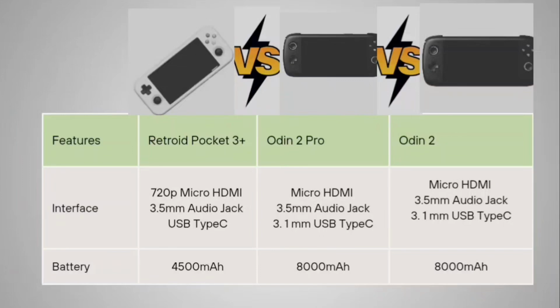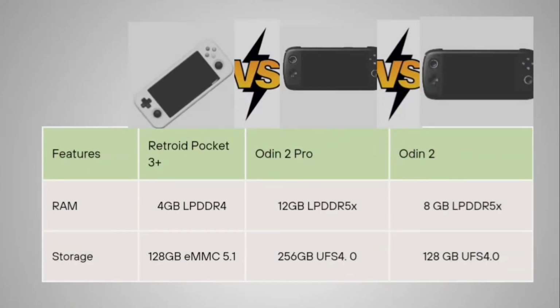Coming to the battery, the Retroid Pocket 3 has 4500 mAh, the Odin 2 Pro has 8000 mAh and the Odin 2 also has 8000 mAh. Talking about RAM, the Retroid has 4 GB LPDDR4, the Odin 2 Pro has 12 GB LPDDR5X, and the Odin 2 has 8 GB LPDDR5X.